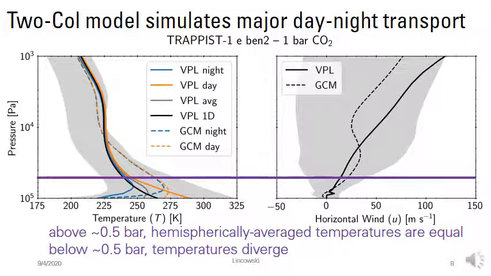And above the 0.5 bar region, the hemispheres are roughly averaged together. So you have basically the weak temperature gradient being demonstrated there. And it is good to see that these features are reproduced by the two-column model and similar to the GCM, even if the actual profiles of the atmospheres are a little bit different, which may owe to either the diabatic heating or the calculation of dynamics.